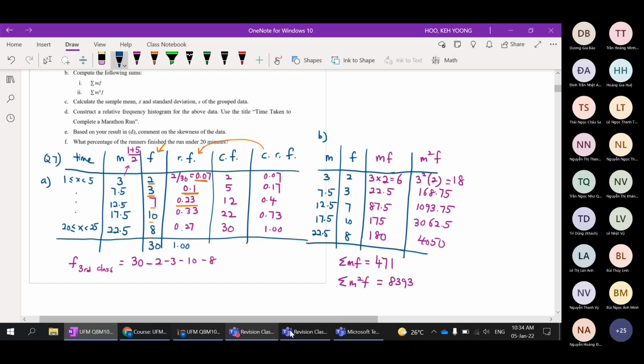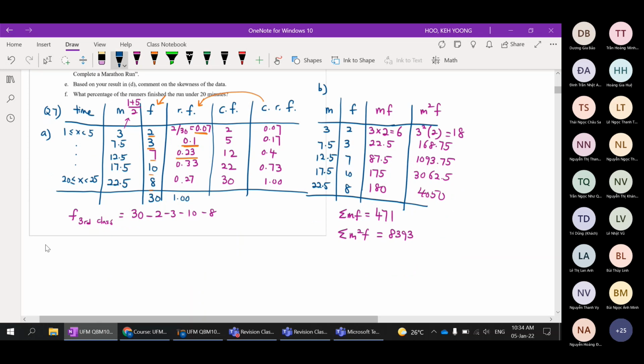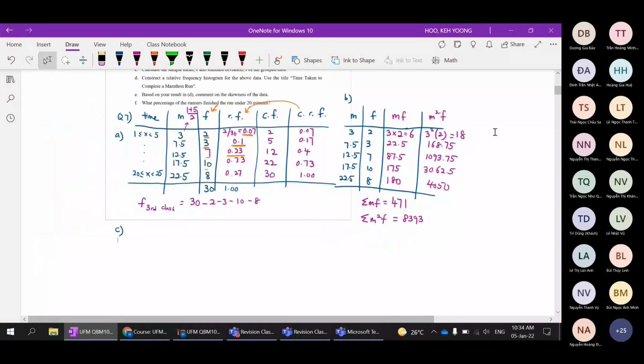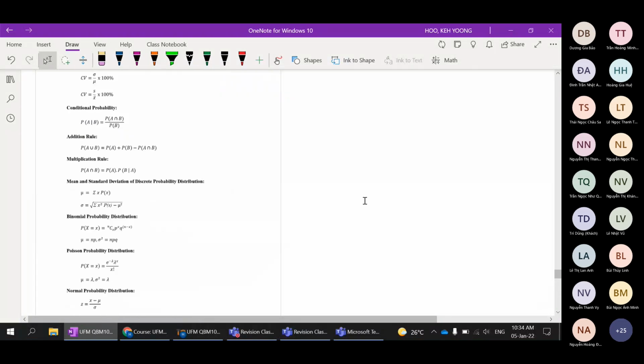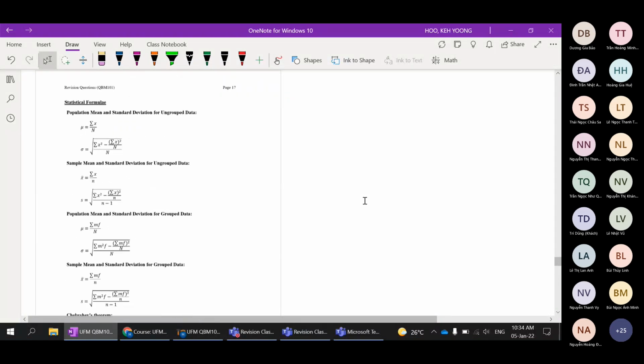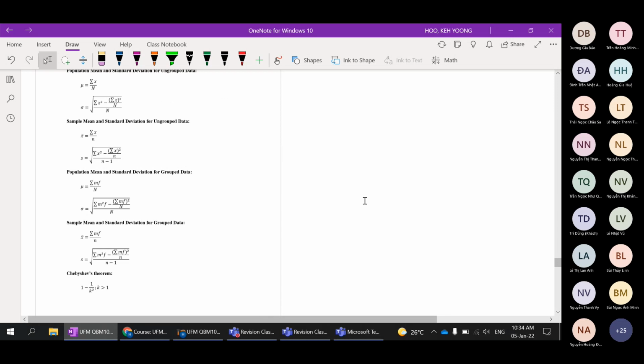Calculate the sample mean and the standard deviation of the group data. You will apply the formulas. If you're not sure which formulas to use, refer to the last few pages. Right now we are solving the group data.